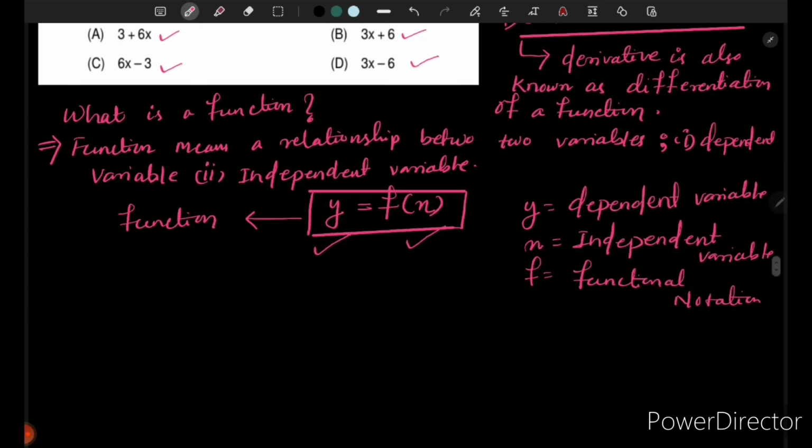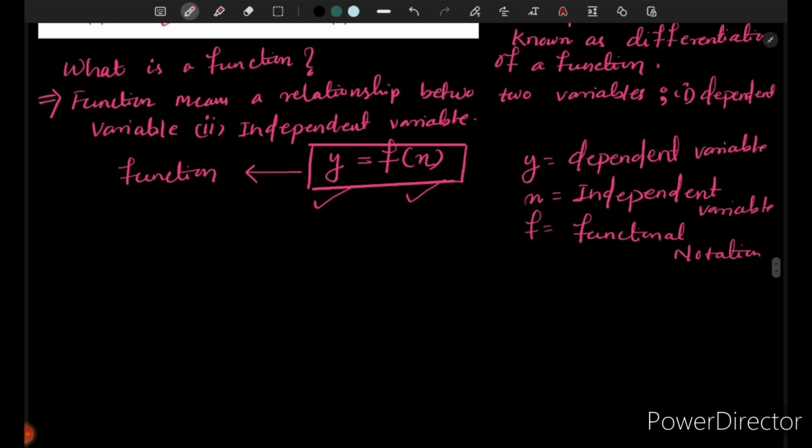So coming to a function can be of two types. Function can be of two types.